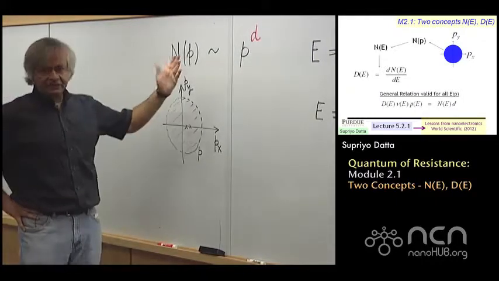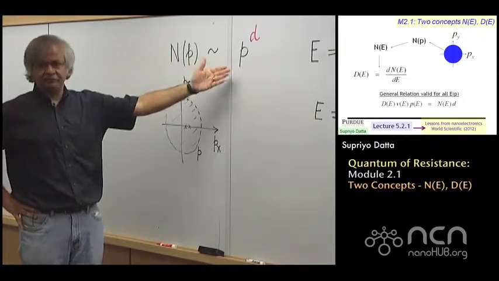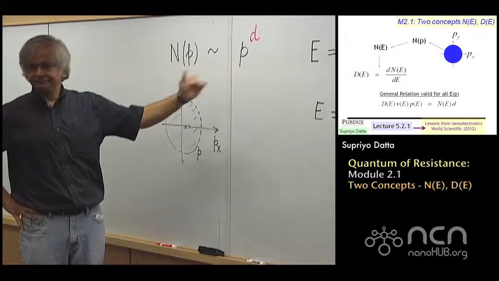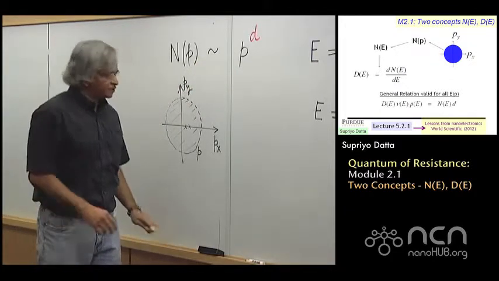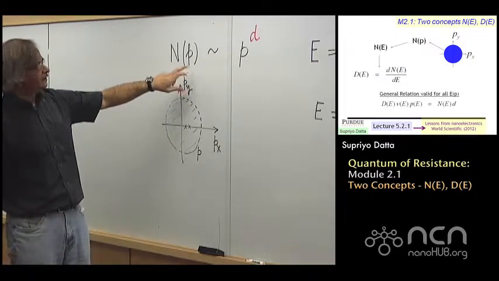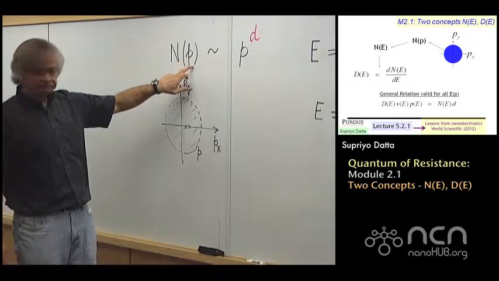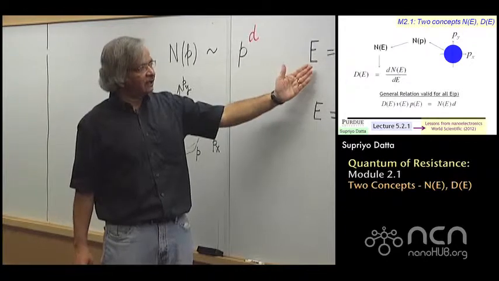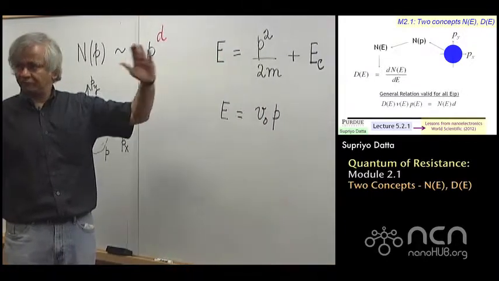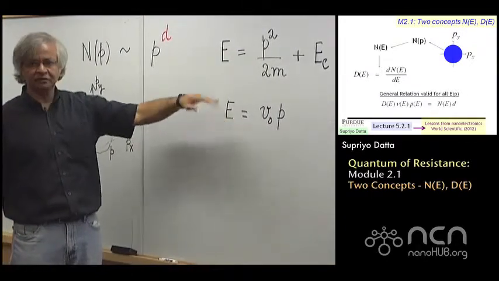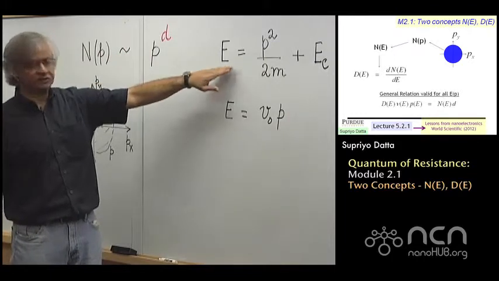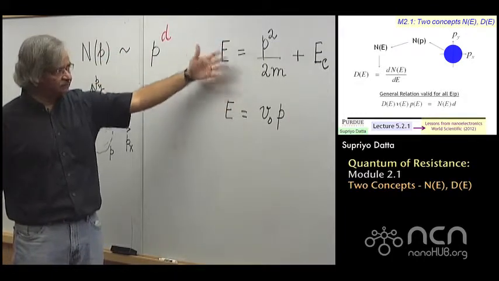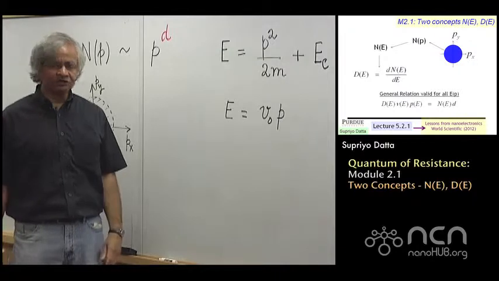Now, let's just talk about, even if we had this, what would we do with it? Well, the procedure is that we have N of P. The next step is we know the energy-momentum relation from somewhere. If it's graphene, it's this one. If it's silicon, it looks like this. So these are all different energy-momentum relations.